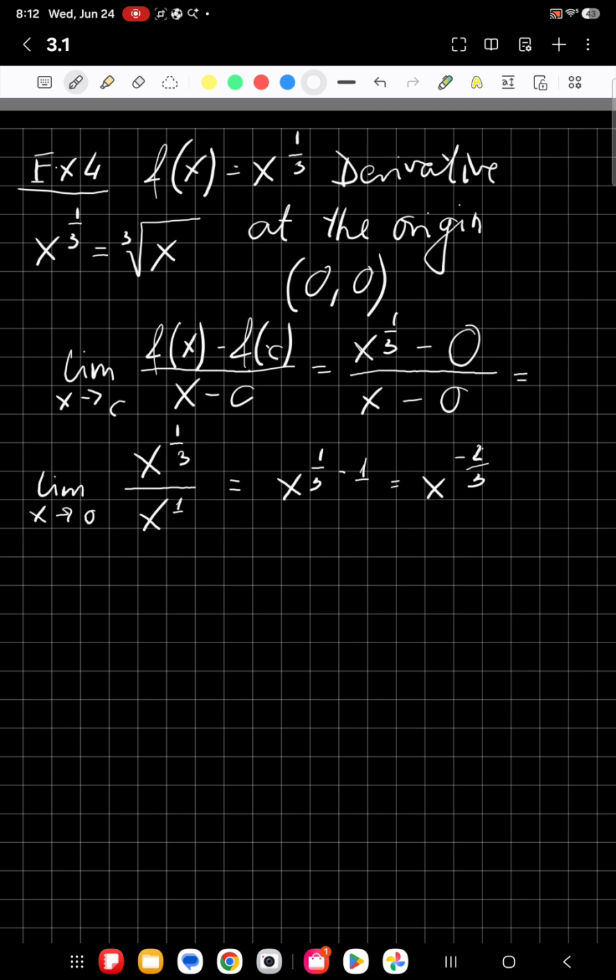So we found that, I mean, we still are doing the limit, the limit as x approaches 0.